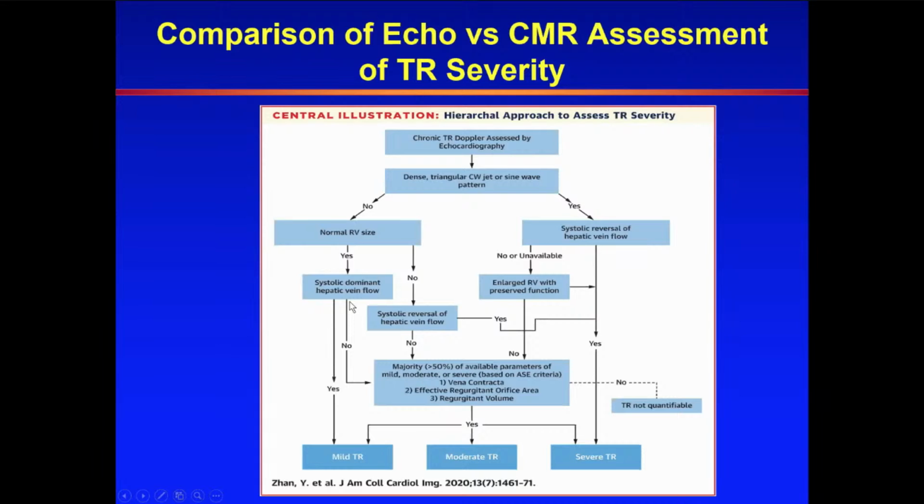If you see an enlarged RV size with normal function, be very suspicious of significant TR. As you have less and less of these more reliable specific signals, then you tend to go into the measurements that rely on color Doppler, and here we have to pay attention to detail.